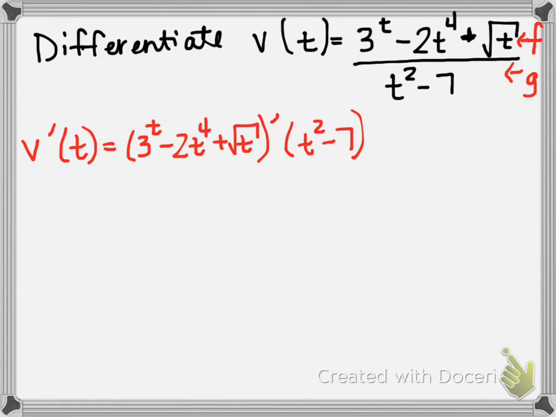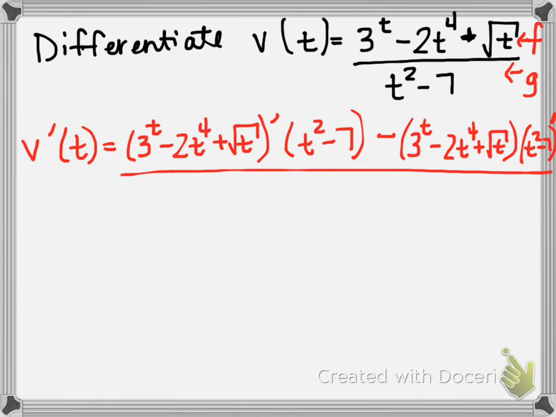This is just my intermediate step telling me what to do. Minus, I'm going to leave the numerator alone, 3 to the t minus 2t to the fourth plus the square root of t, now times the derivative of t squared minus 7. I need to take the derivative of that. And then I divide everything by the denominator squared, so t squared minus 7 squared.